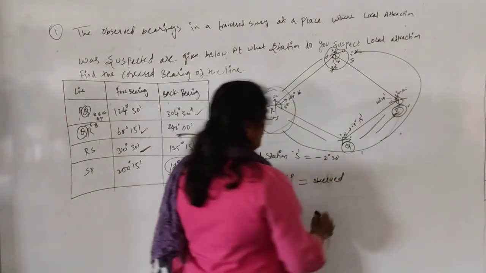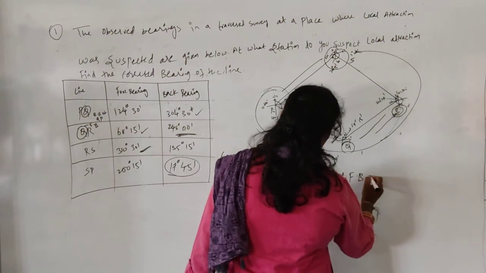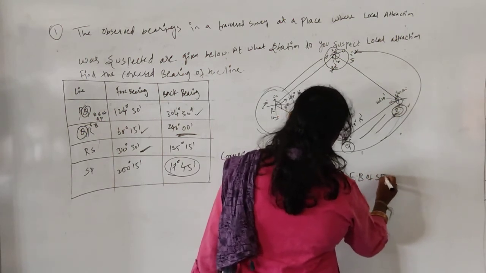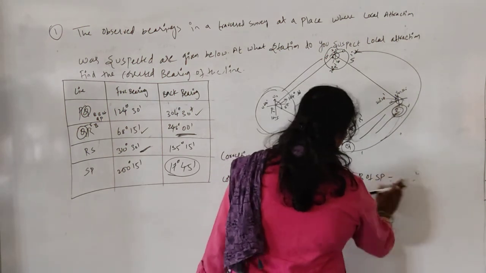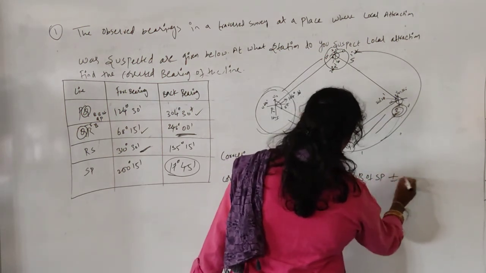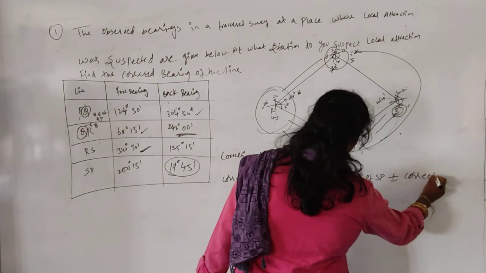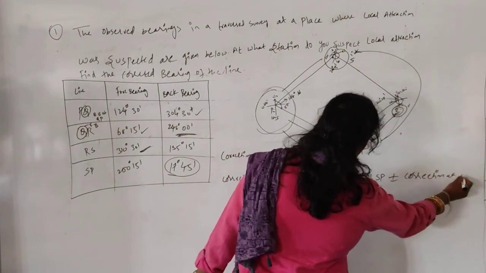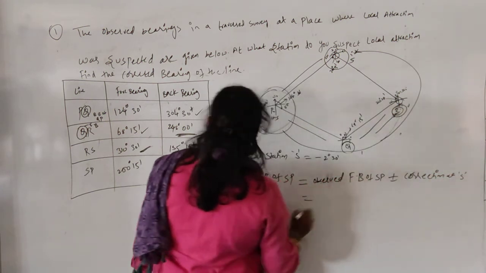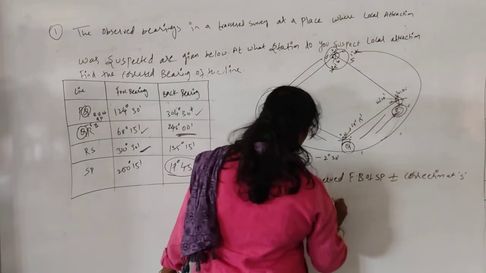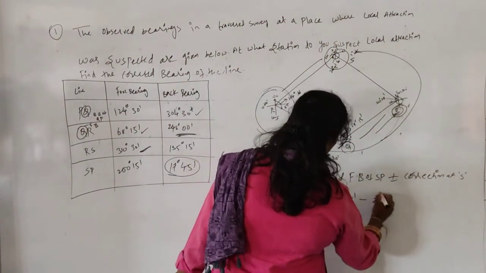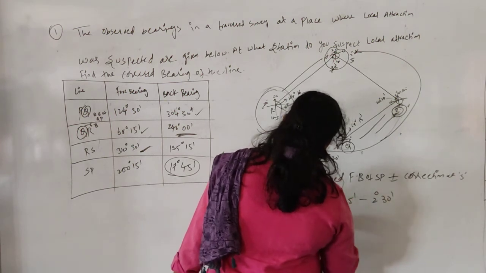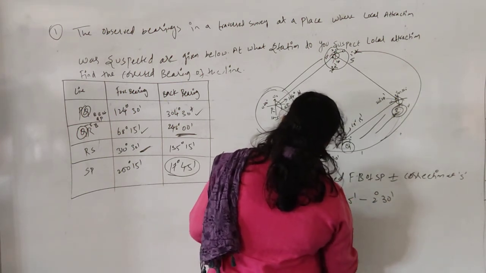Observed forebearing of SP plus or minus correction at S. Right, how much here? 200 degrees 15 minutes minus 2 degrees 30 minutes.